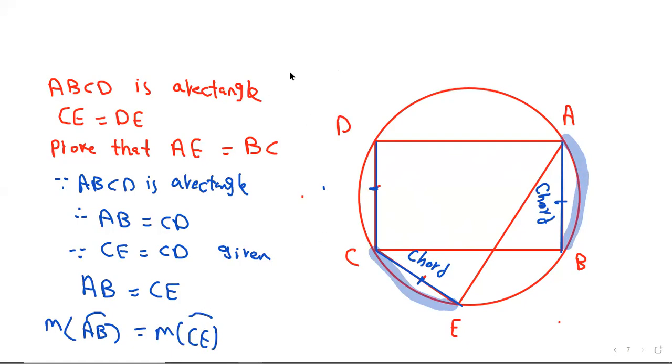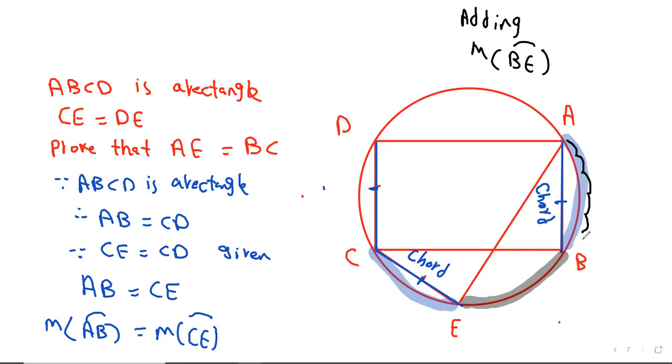If we add this arc, colored in black, BE, to both sides, adding the measure of arc BE to both sides, then you will get arc AB plus arc BE, so you'll get the measure of arc AE.